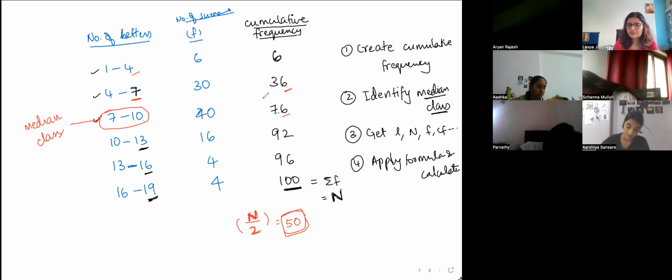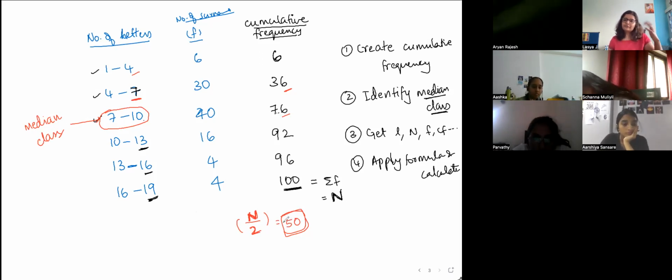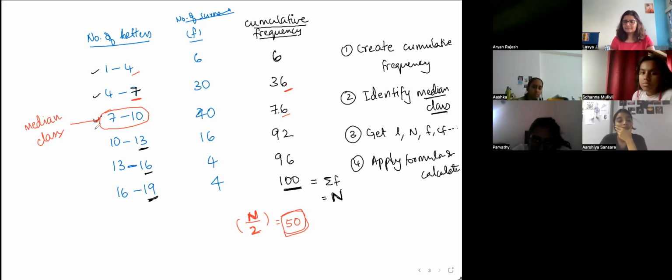So do you follow how we got the median class? So the easy way to do it is: whatever n by 2 is, find the cumulative frequency which is less than n by 2. So here that would be 36, right? Because 76 is greater than 50. So the class next to 36, that will be your median class.